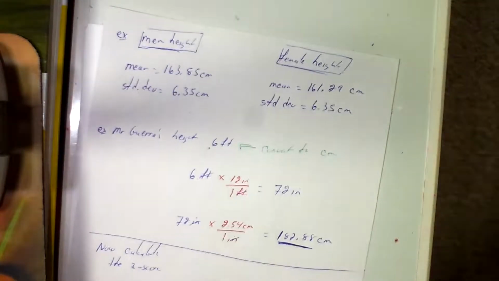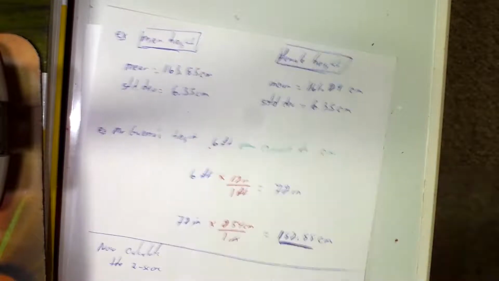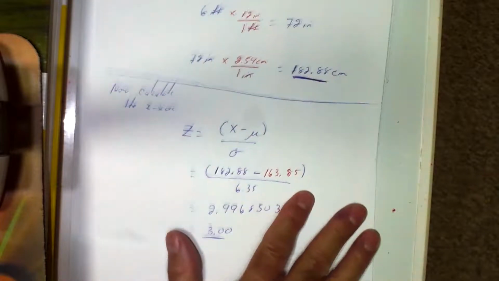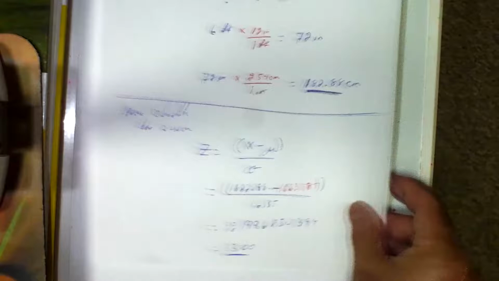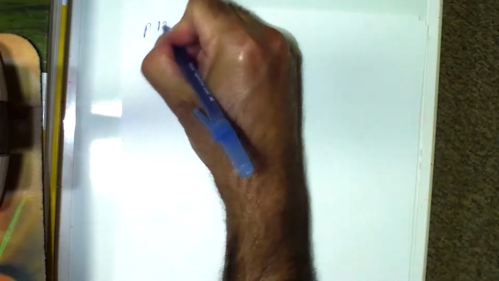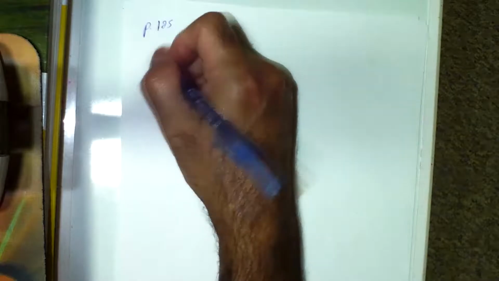Okay. Now, in the book, there are 2 individuals. We can do a problem in the book, and this is on page 125. On page 125, we're going to do problem number 13. This book was written back in 2005, and at that time, there were 2 individuals that had a peculiar height.